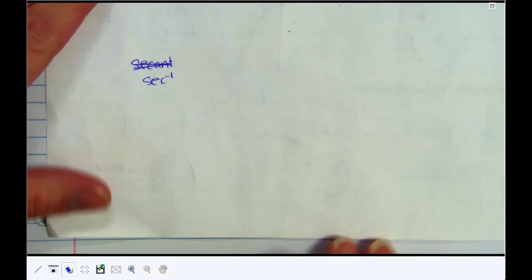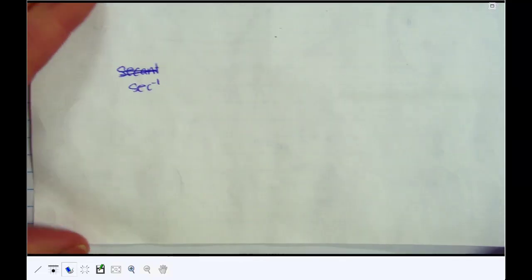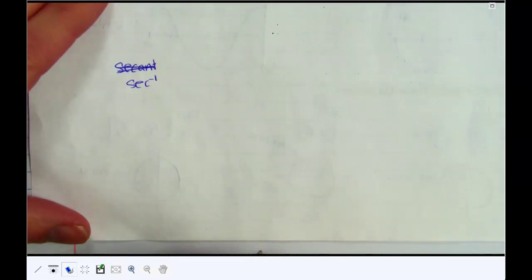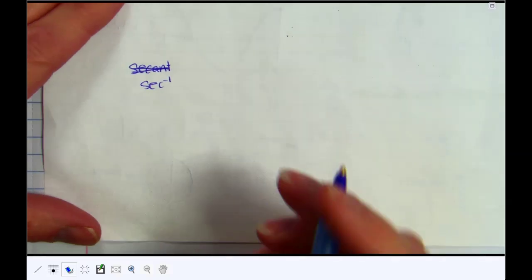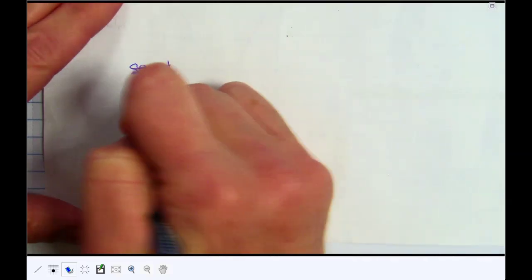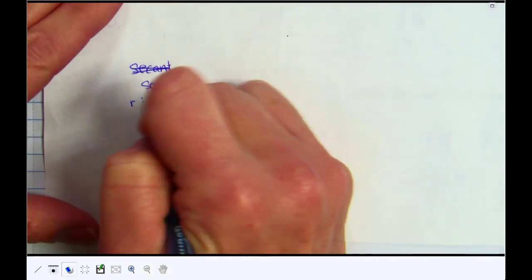Okay. We don't use these very often, but if we're talking about secant, let's go secant inverse. I'm putting this on the back of 5. Secant inverse, its range is from 0 to pi.